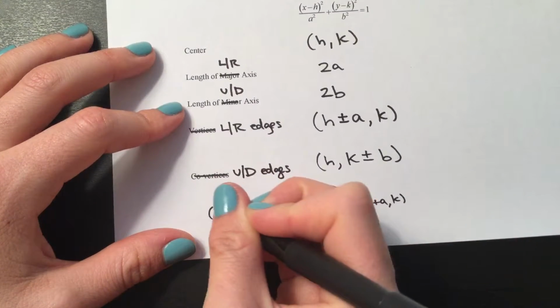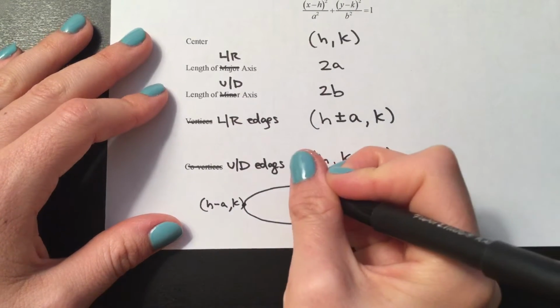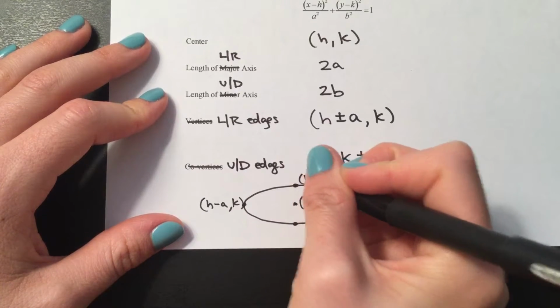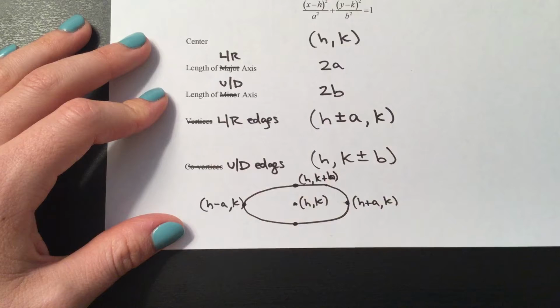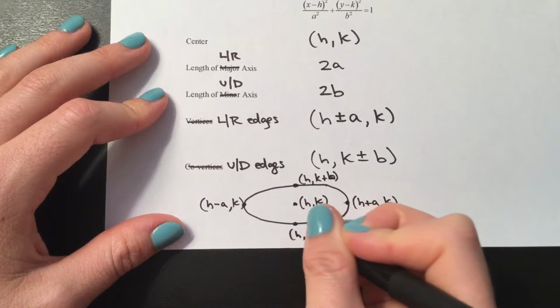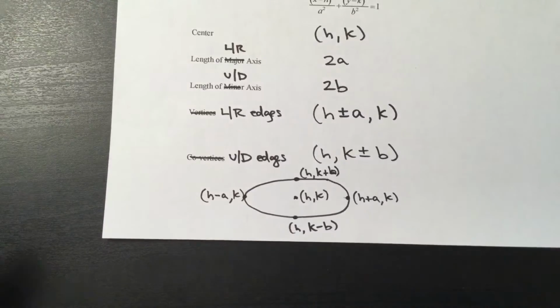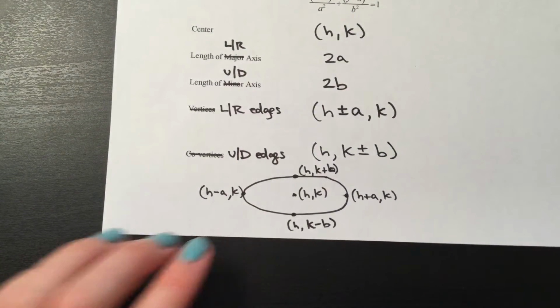This is whatever h was minus a, and then the y value doesn't change. And then we go up and down b units, whatever b is. So here h isn't changing, but k is increasing by b. And then here, h isn't changing, but k is decreasing by b. So that's what I mean when I talk about the left and right edges and the up and down edges, or top and bottom.